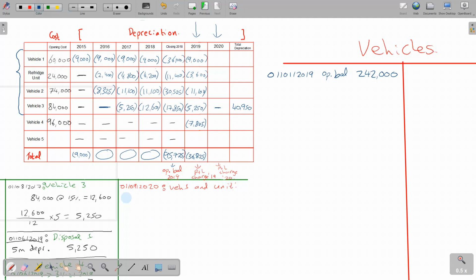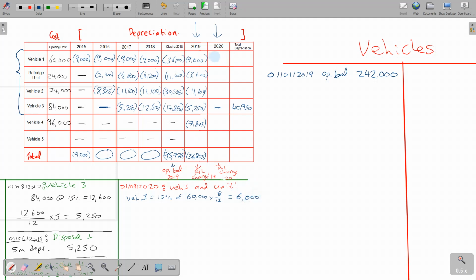So if you look at vehicle 1, we know it's 15% of 60,000 for 8 months. So we had it for 8 months of the year over 12. That's €6,000.